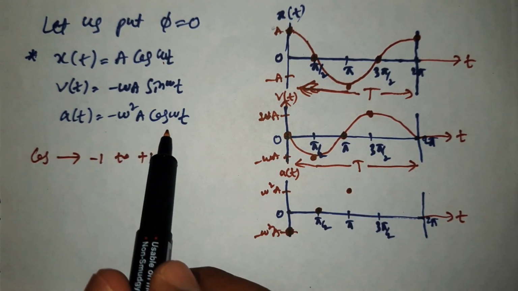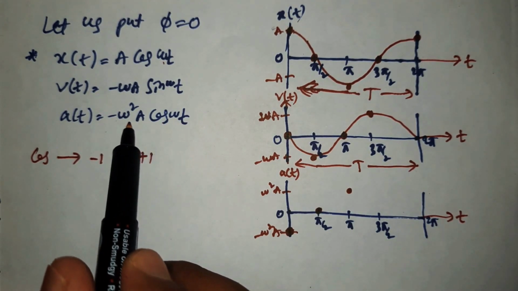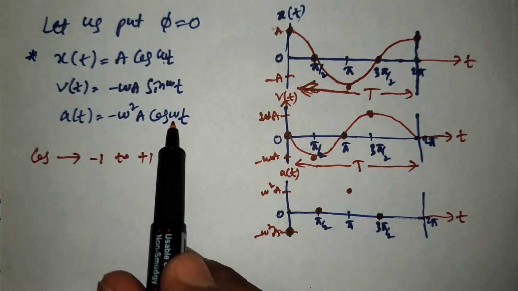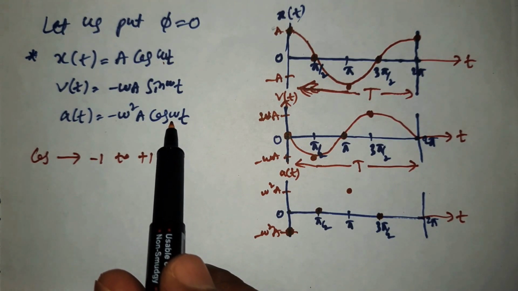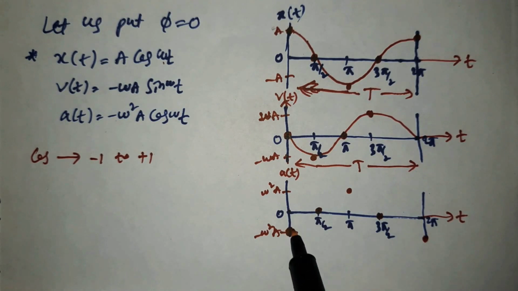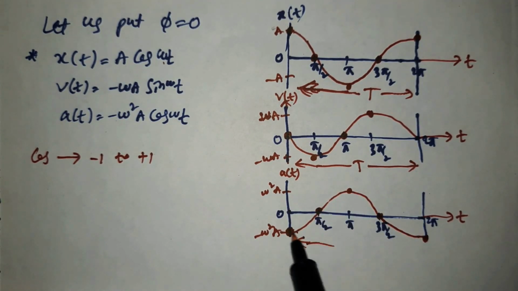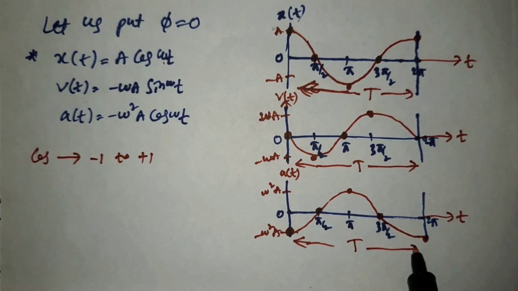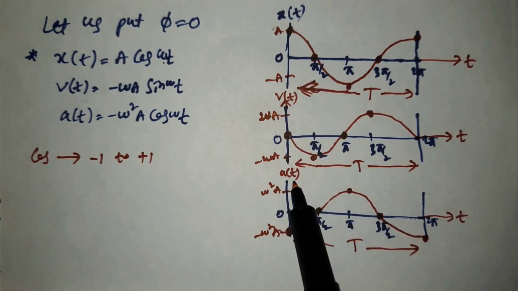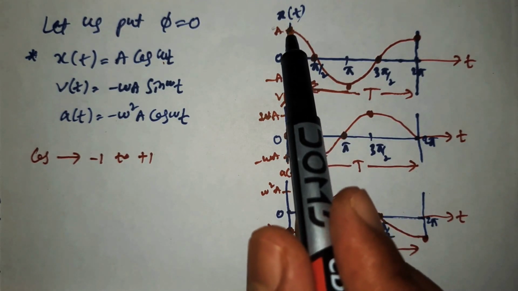Cos 3 pi by 2, so pi plus pi by 2, cos pi by 2 is 0. 0 into something, here it is 0. So cos 2 pi is 1. 1 into minus omega square a is minus omega square a. So the graph is like this. So here also time taken for one oscillation is the same time period. So here x of t, v of t, a of t have same time period but different amplitude.